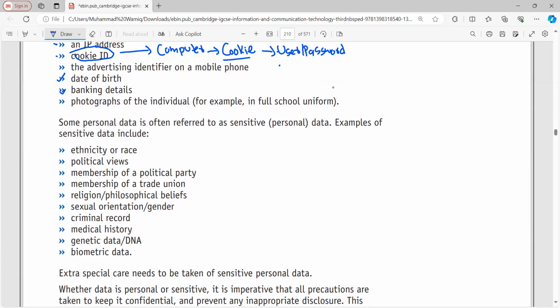So this cookie ID has all of your important information. If you give this ID to someone else, you are at risk of giving your personal information to someone else. So you should keep your cookies and ID safe because they have all of your important credentials saved in them.